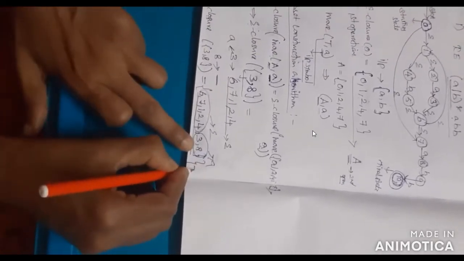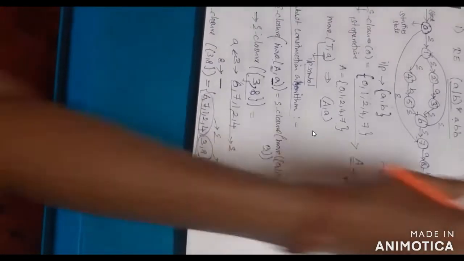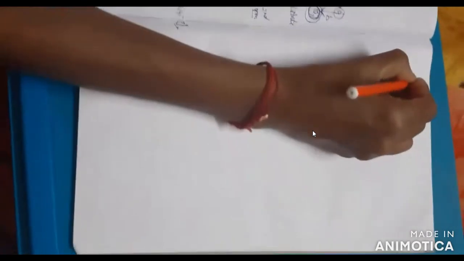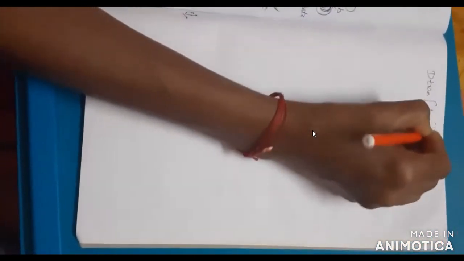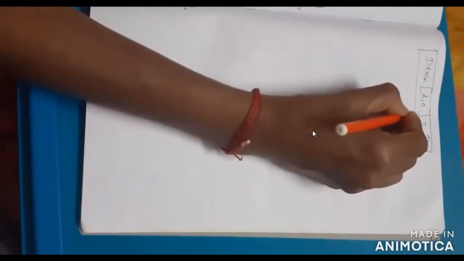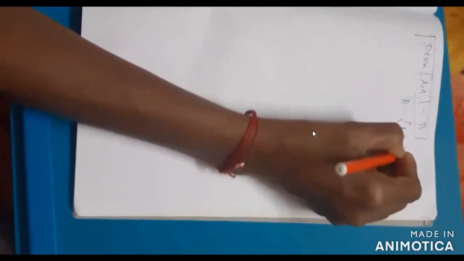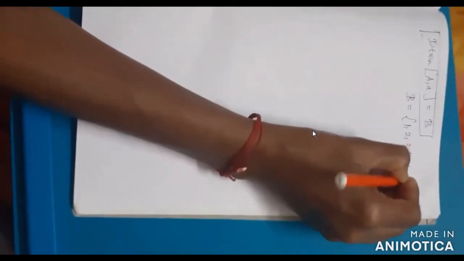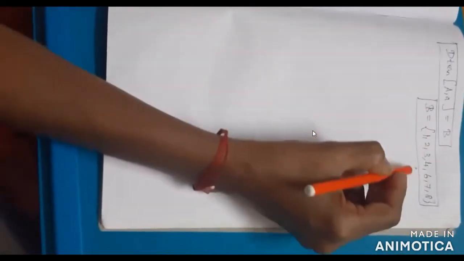So you can write the value for the state as capital B. So what is the answer here? D transition of A comma a is equal to B. What is B? B will be equal to 1, 2, 3, 4, 6, 7, 8. So here check once.